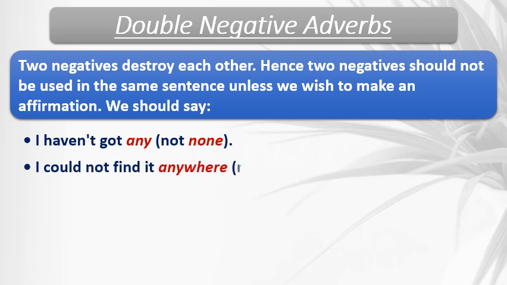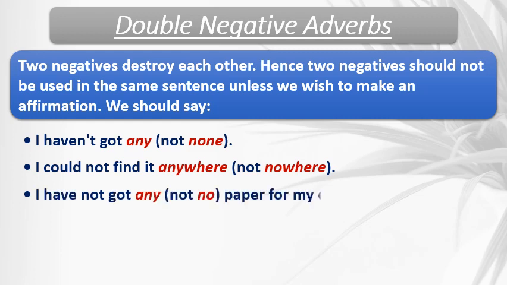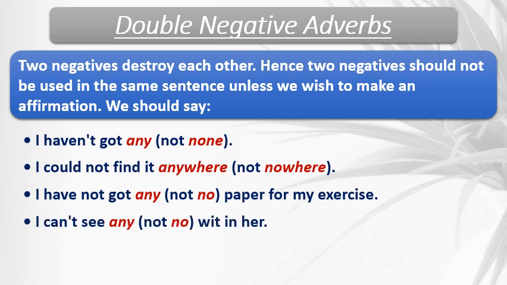I could not find it anywhere. So here also two negatives are there, but the meaning is in a positive way, and the meaning of anywhere is nowhere. I have not got any paper for my exercise. Again two negatives are there, but the meaning of any is here no. I cannot see any wit in her.